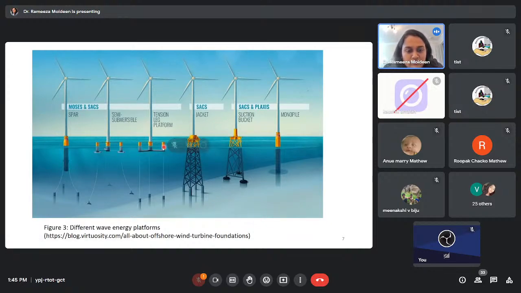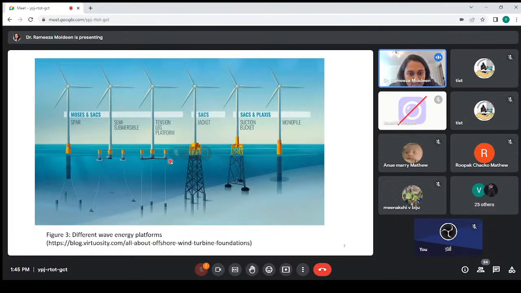This platform can float in water because we can adjust the buoyancy by giving more weight underneath. Once it floats, it is fixed to the seabed using tethers, also called anchors or mooring lines. It is called a tension leg platform because it is tethered with tension and fixed to the seabed. Here we need less material, and we can use this in very deep offshore as well.